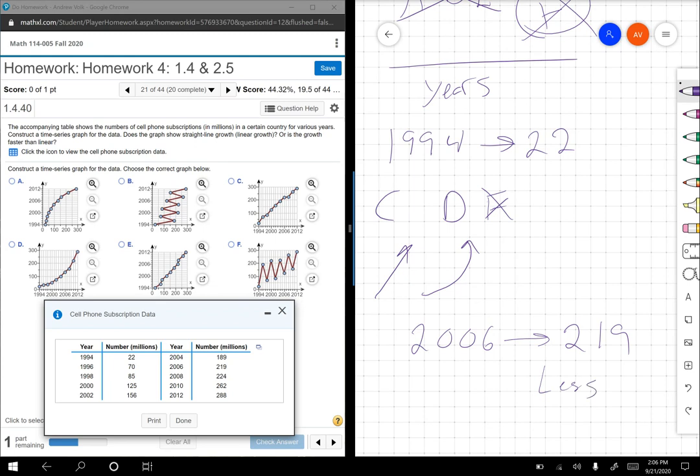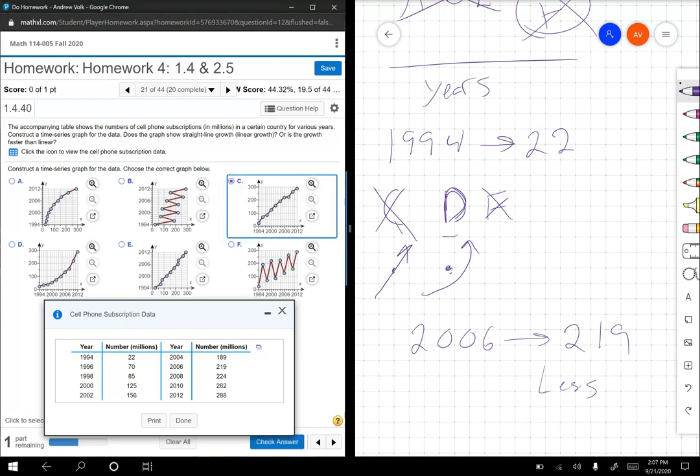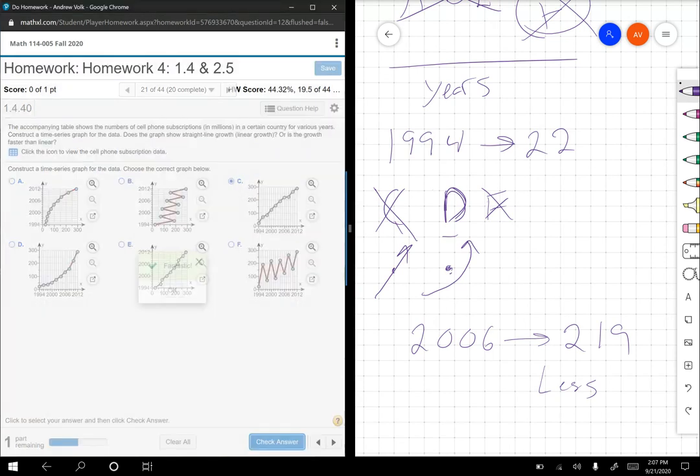So I'm going to say it's not C. I'm going to go with D. Or sorry, it's not D, it's C. I'm doing that backwards. C, because it swoops down, it's missing that point. So when we look at the point 2006 and 219, it's got to be C.